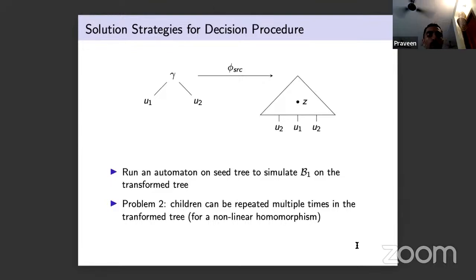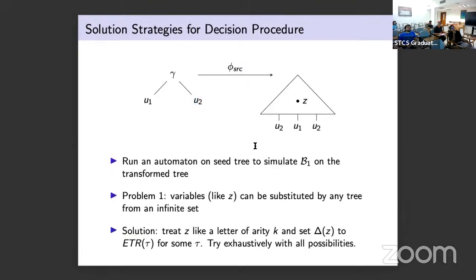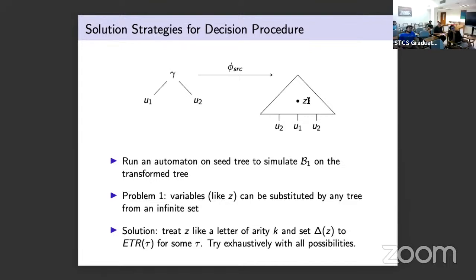Okay, now what about problem 2? Here the problem is that a single child, like U2 in the seed tree. So Praveen, what was K in the previous slide? You had tried with some K. K is the number of holes that you can have in the context, which substitutes for Z. In our running example, we had this TL, box, and TR. The box was one hole.